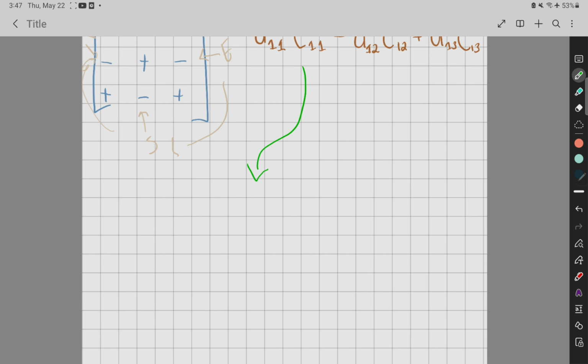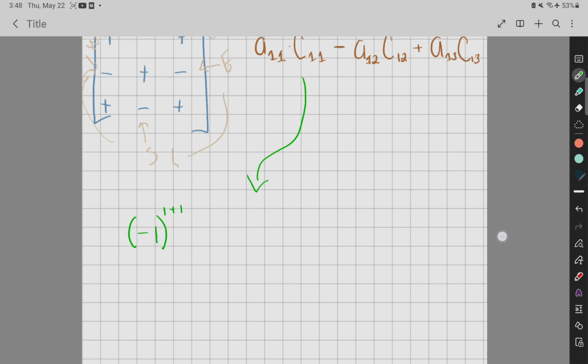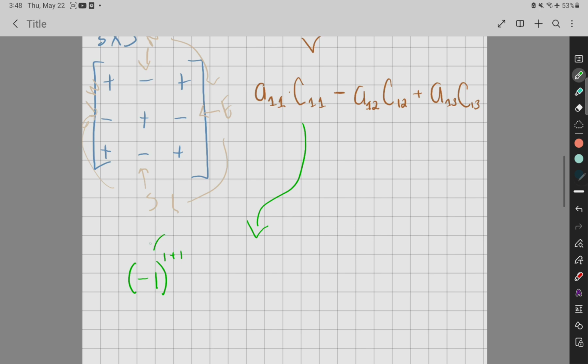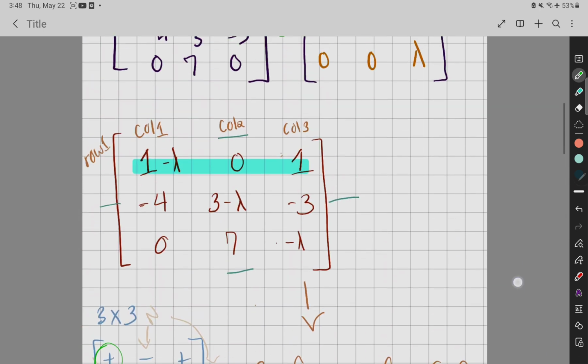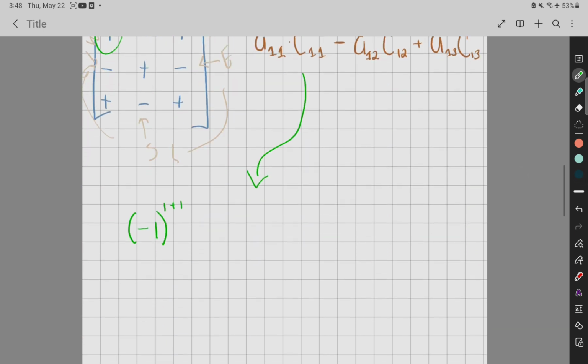You can set it up like this if you really wanted to. All this really means is that it's just going to be alternating. We already know that's a positive from here. But if that's what your professor or teacher allows, do what the professor says, right?